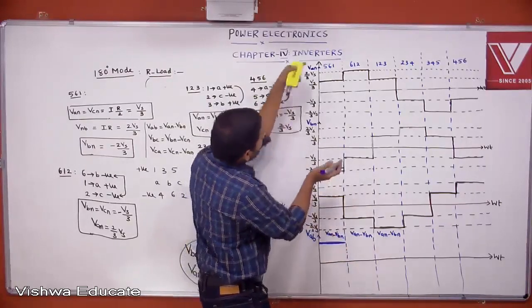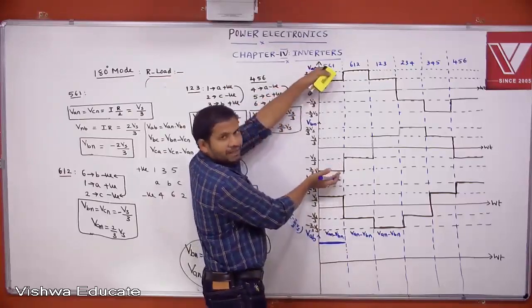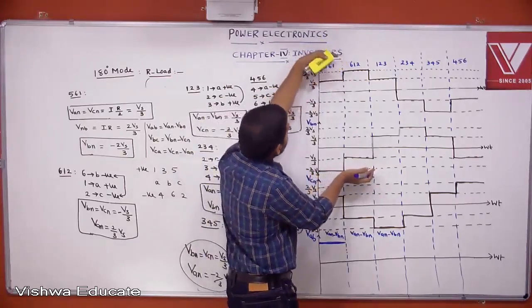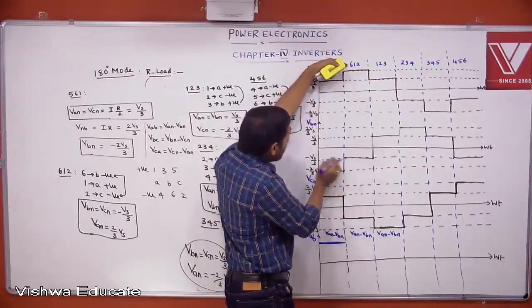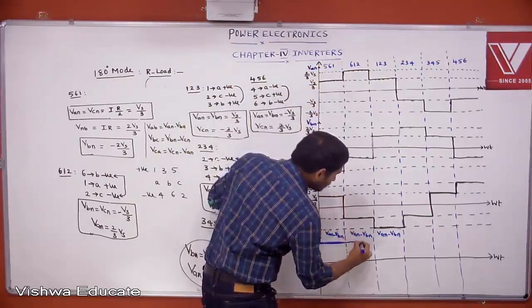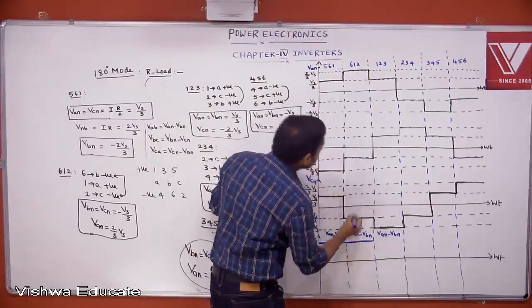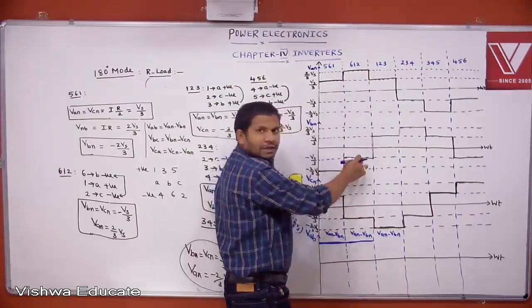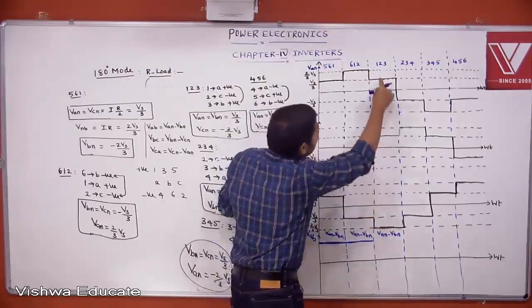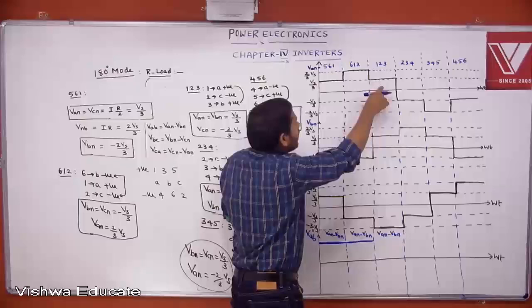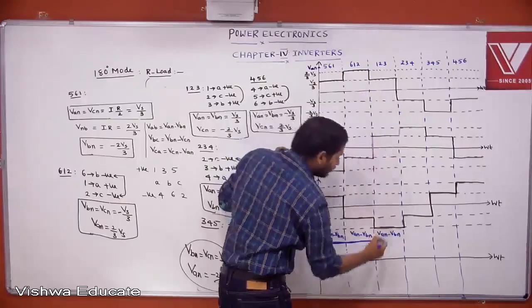What am I doing? VAN and VBN are being subtracted. Then similarly you do. This one is 2 by 3 Vs minus of minus Vs by 3, you can get Vs. Just subtracting 2 by 3 Vs minus of minus Vs by 3. Next, Vs by 3 minus Vs by 3, 0.